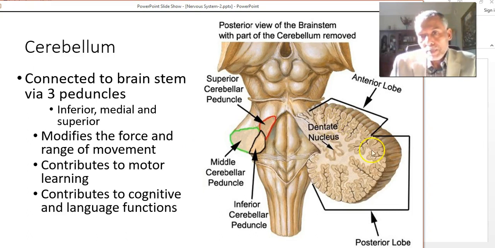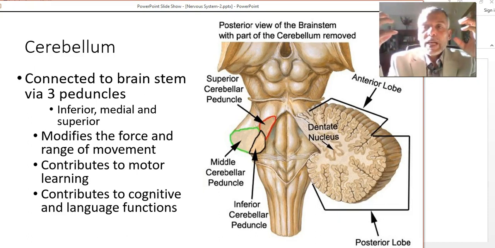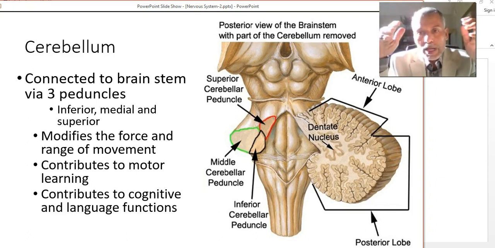The cerebellum is almost like a brain on its own. It's small, about 1/6 the size of the brain. And it has a right hemisphere and a left hemisphere. And it has a cerebral cortex, it has gray matter, white matter, and so on.